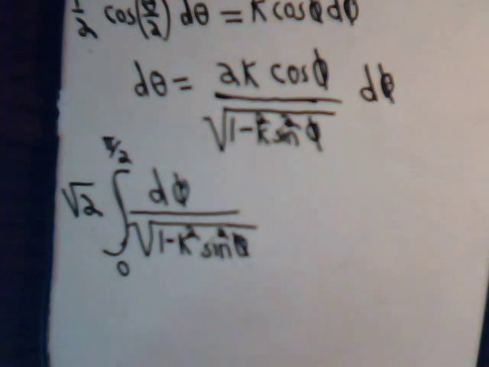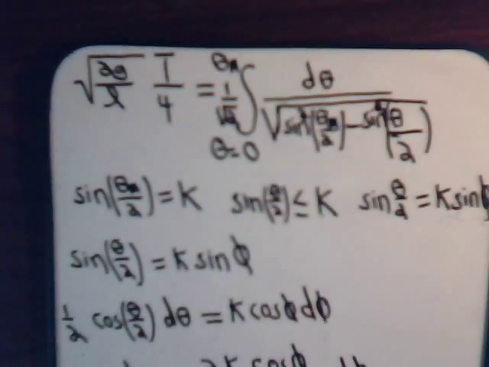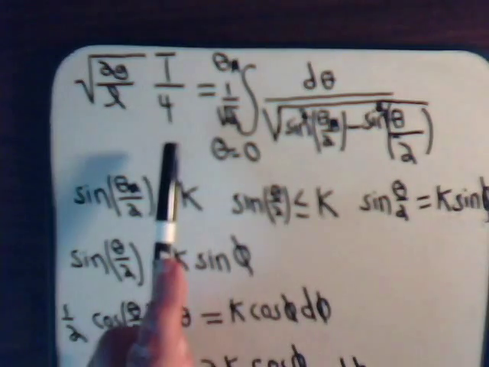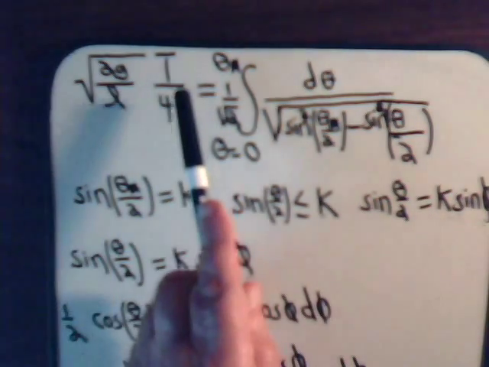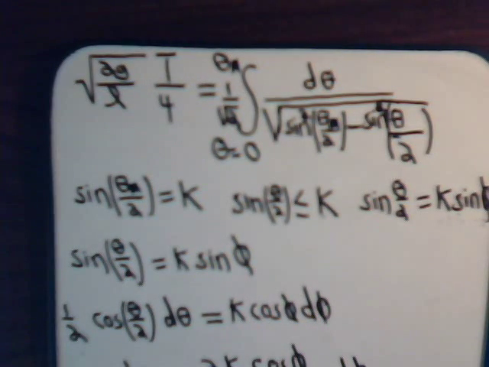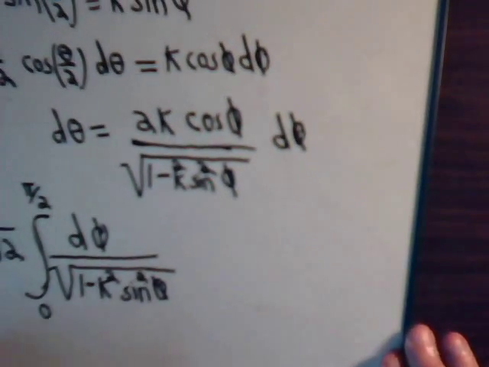Now, let's go back to the top of the page for a moment. This integral, which we have entirely rewritten, was equal to this expression. That's the period divided by 4. We derived that in our previous videos. So let's put this down here.